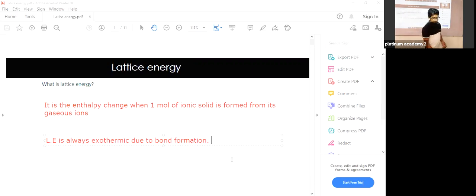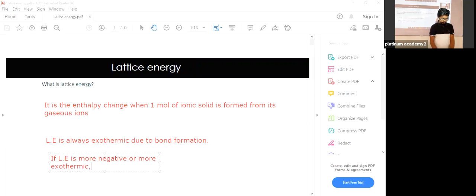So we can write down that if lattice energy is more negative, or more exothermic, the strength of the lattice is greater.